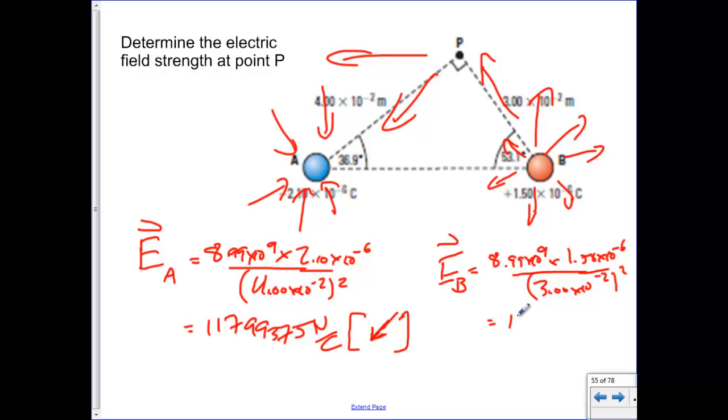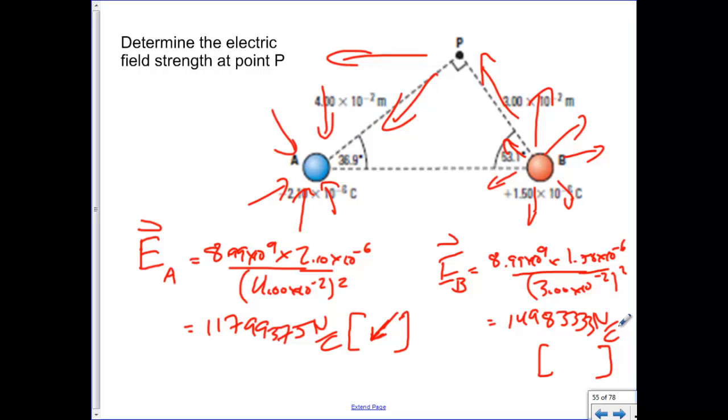Okay, this one I got 1, 4, 9, 8, 3, 3, 3. Oh, hang on. 4 threes. You guys get the same number as me?